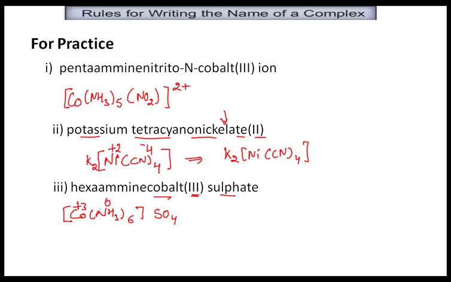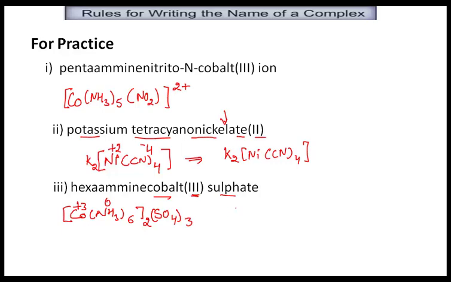How can we neutralize this? We will write sulfate 3 times, which makes 6, and the complex 2 times.